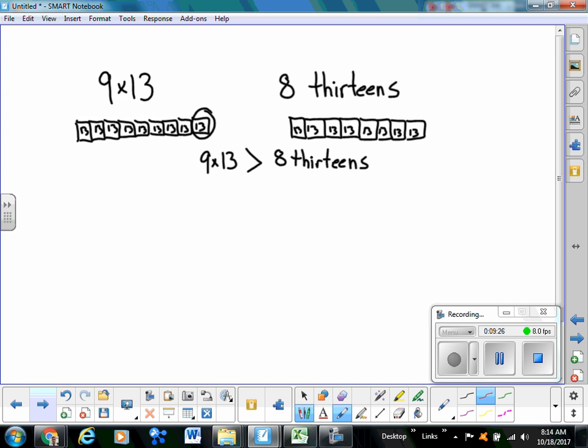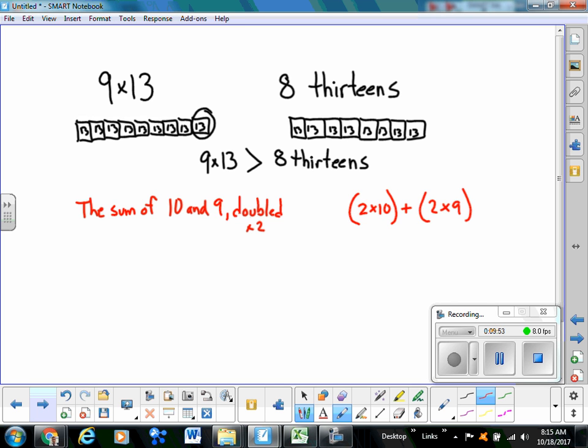Okay, next. The sum of 10 and 9 doubled. And if you don't know, doubled means times 2. And we're going to compare that to 2 times 10 plus 2 times 9. So if we solve this one, the sum of 10 and 9, we're going to do 10 plus 9, and then we're going to double it, which means times 2.